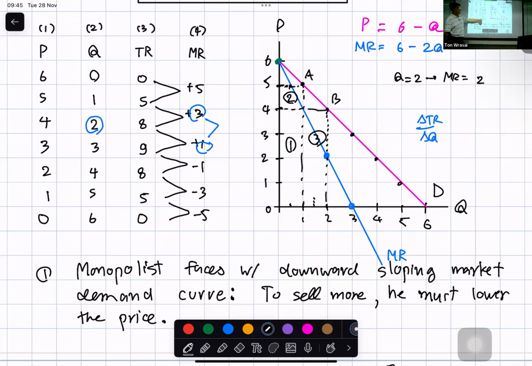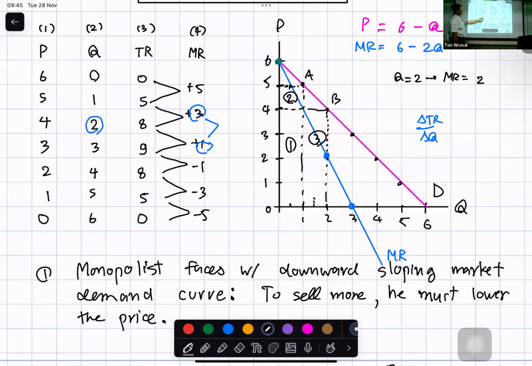Okay, let's paint the area. I'll label it first. 1, 2, 3. 3 boxes. When we charge 5, we sell 1, revenue equals area 1 plus 2. When we charge 4, we sell 2 pieces, revenue equals area 1 plus 3.